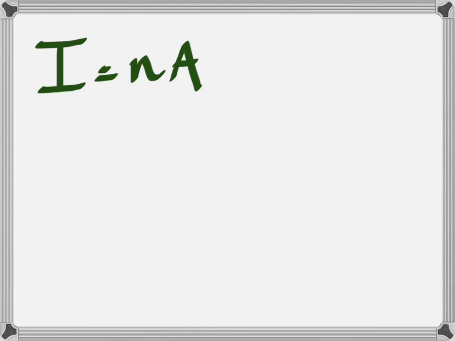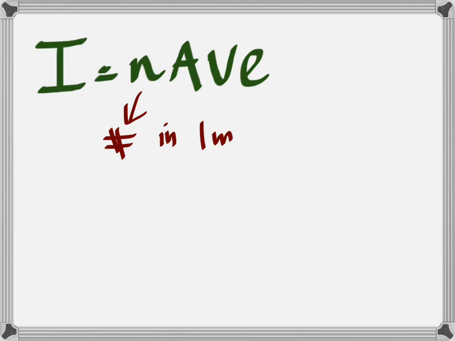And then when you look at the microscopic view of current, you have a formula for current as I equal to N A V E. Now remember that N is the number of electrons in 1 meter cube. A is the area of cross section.